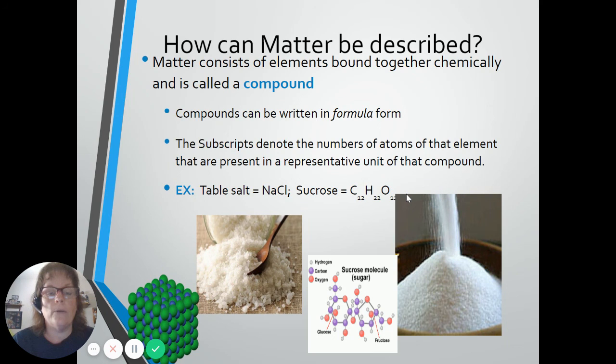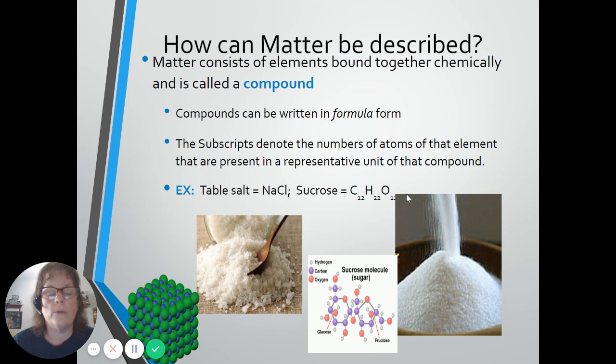Now, if you notice, sucrose looks a little different because it's got numbers in the subscript, C12, H22, O12. The subscripts are going to tell you how many atoms are present in that compound. If there is no number in the subscript, that is telling you there is only one atom of that particular element in the compound.